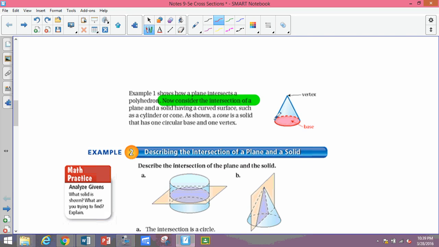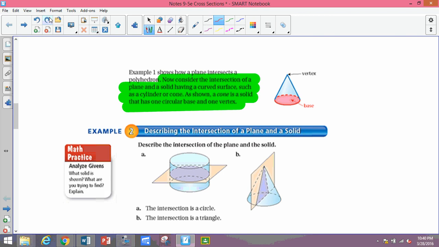It has a base of a circle, and then it has a peaked side that's circular in shape, okay? And then you have a cylinder. This is a cylinder, which is a three-dimensional object with circles as two bases this time, and then your side is curved.